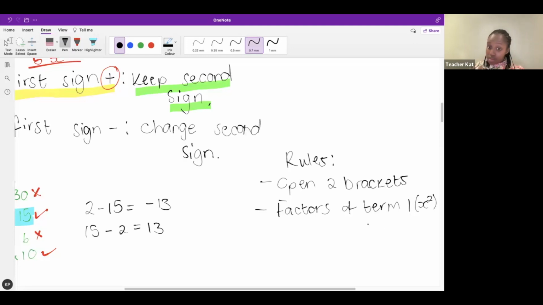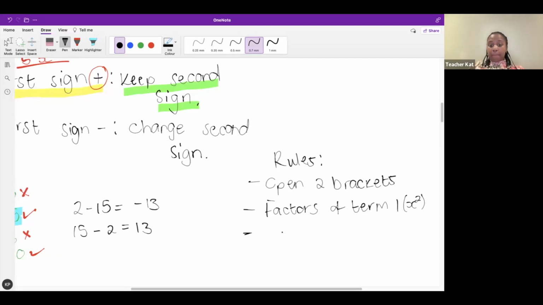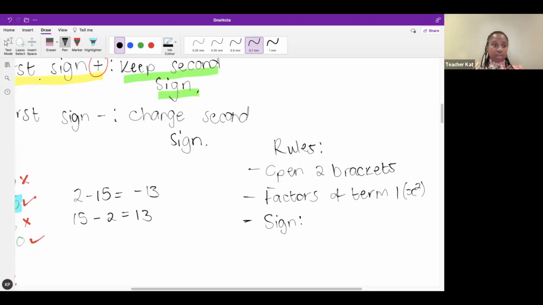Usually, not always. Okay? And then for the signs, maybe I should make a little sub list here for the signs. What did we say about the signs, guys? How do we determine the first one? First sign is the same as the sign in the expression.